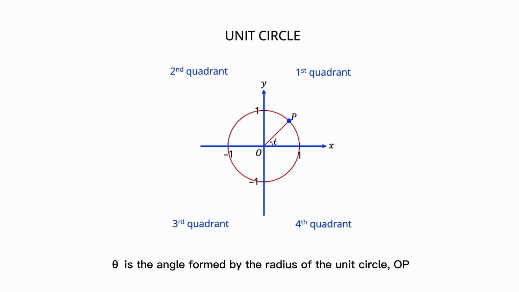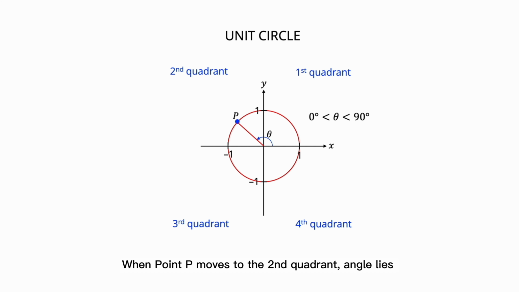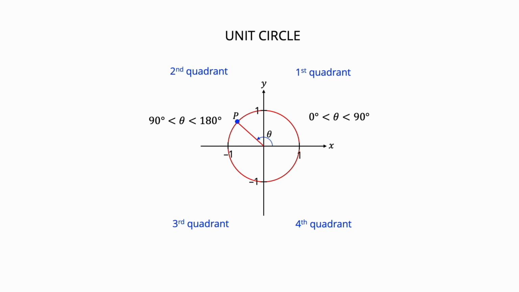theta is the angle formed by the radius of the unit circle, OP, from the positive x-axis in an anticlockwise direction. When the point P is in first quadrant, angle lies between 0 degree and 90 degree. When point P moves to the second quadrant, angle lies between 90 degree and 180 degree.